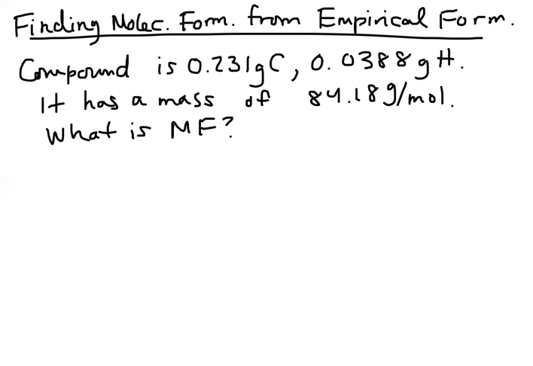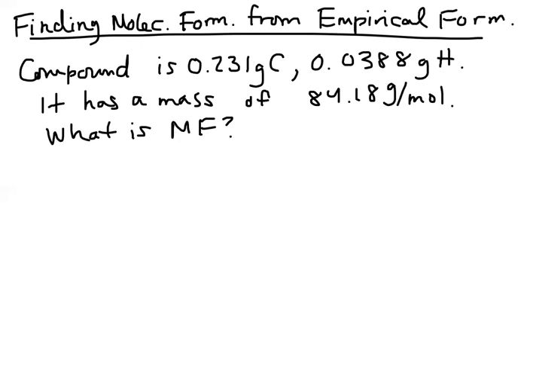So based on the fact that we're ignoring this, what's my first step? First step of finding empirical formula. Find the number of moles from 2.231 grams carbon and 0.0388 grams hydrogen.